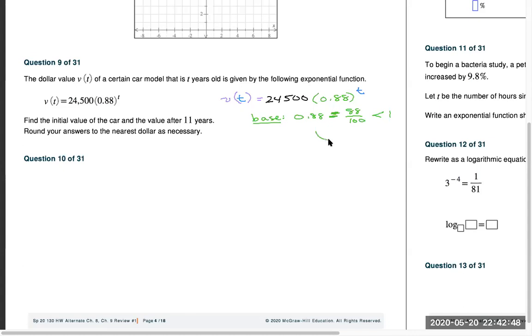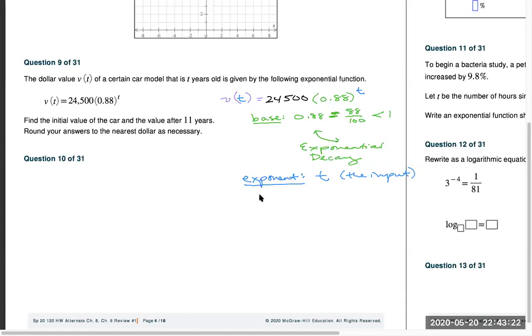So we would have one of those graphs that looks like this. This is called exponential decay. Next thing I want to note is that t is our input, and it's also our exponent. It's like normally where x would be, right?